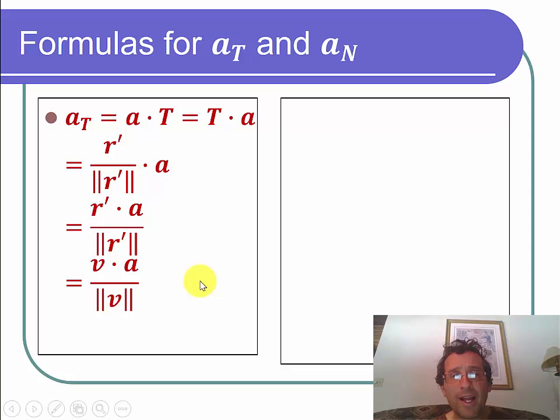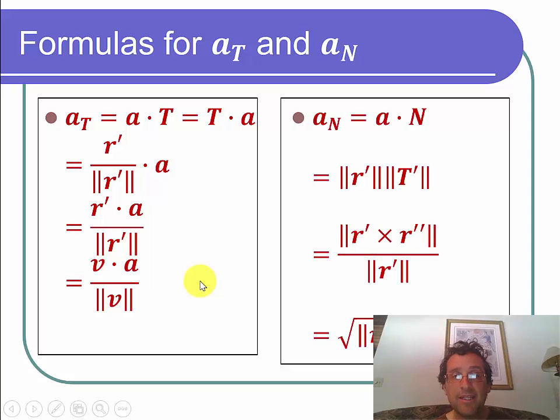Now for the normal vector, I'm going to let you play with that one. I'm going to read it out, but I'll let you derive it. And that is a sub n is equal to a dot n. That's the same reason why a sub t was a dot t. The next step is a little bit deep, so you can fool around with it, see if you can come up with it. That's equal to the magnitude of r prime times the magnitude of t prime.